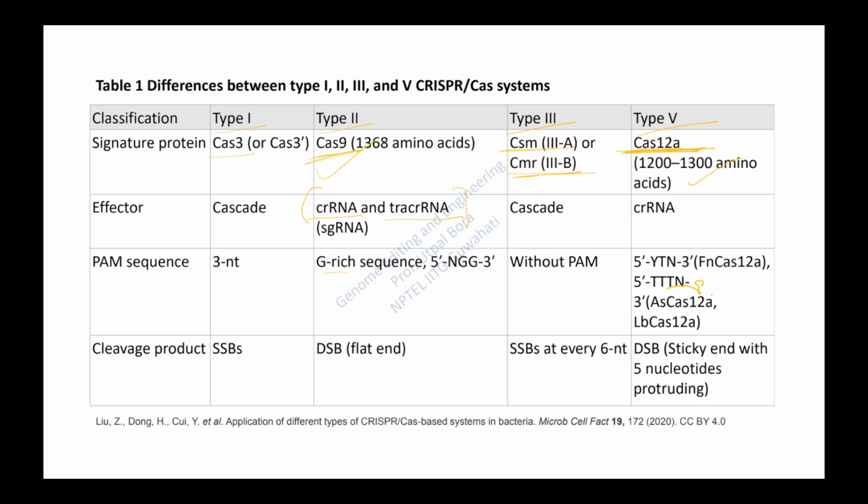Here the PAM sequence in the type 2 Cas9 system is NGG, where N means any nucleotide and GG are two guanines. This machinery is adapted in such a way that it will cleave the viral DNA. In viral DNA, the frequency of getting two Gs together is very high.